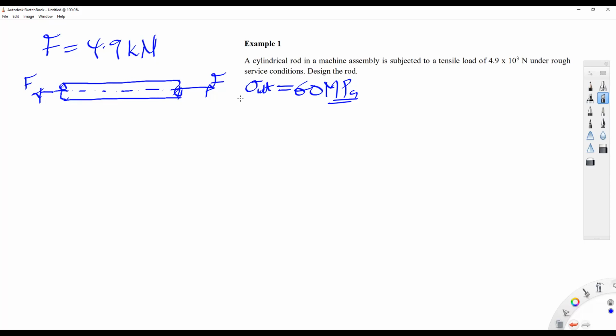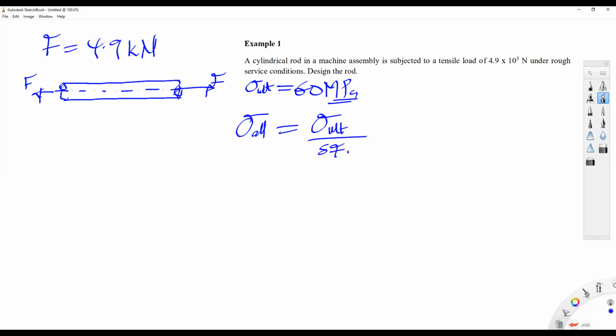And the allowable sigma allowable is equal to the ultimate stress, which is sigma ultimate, divided by the factor of safety in the material. So factor of safety, let me call it SF, in the material, okay?